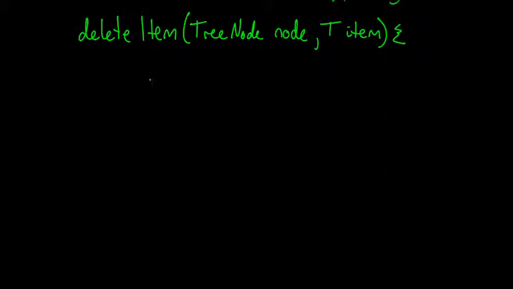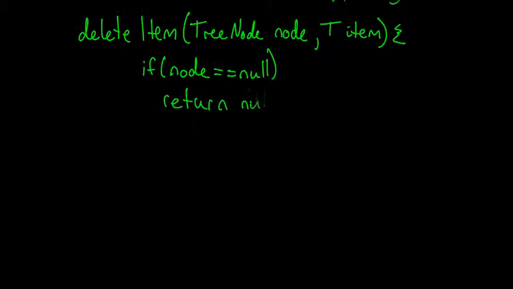Now, if the node is null, that means that the item doesn't exist because the entire tree was traversed by the rules of binary search trees and the item was not found. So in which case you can either return null or throw an exception if you want to. Maybe print a message that the item doesn't exist.